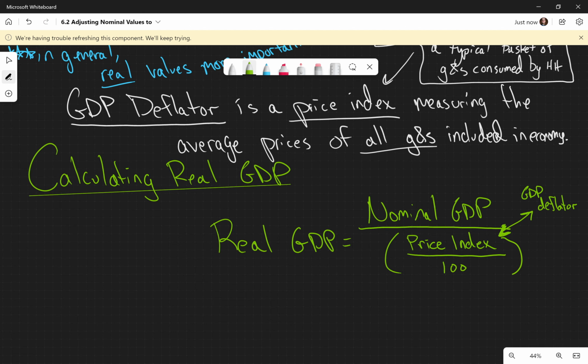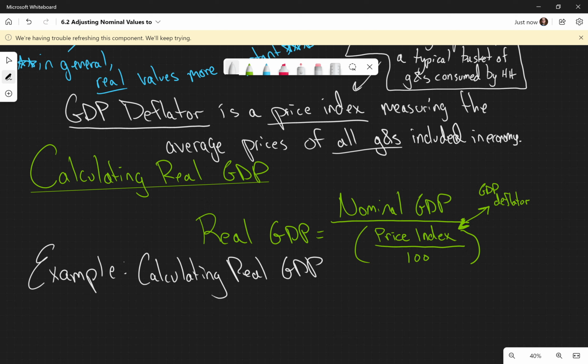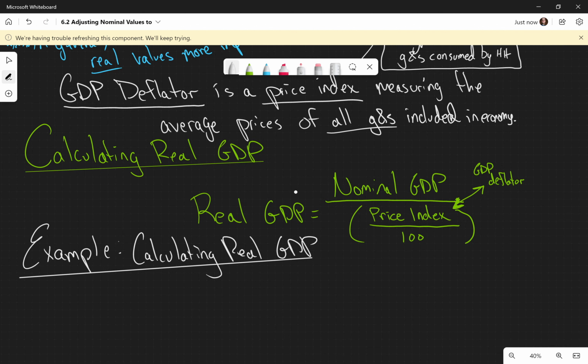So the best way for us to do this is with an example. So we are given some values in the book. We are told that in the year 1960, the nominal GDP was $543.3 billion.